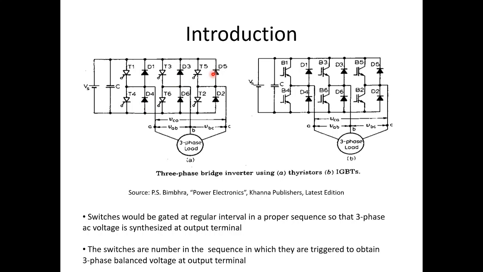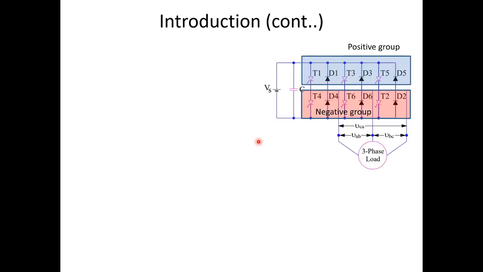Based on the sequence in which you need to trigger the switches, the numbers are assigned. The switches connected to the positive terminal of the input voltage source are said to be positive group switches, and the switches connected to the negative terminal of the source are said to be negative group switches.